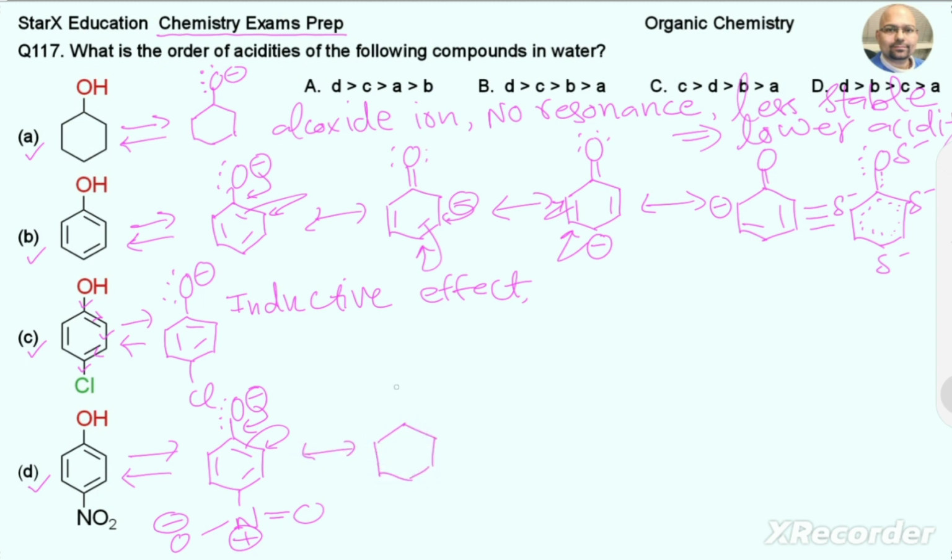You will notice that the first structure is similar to what we have seen in the case of phenol. However, once you move the negative charge and form another resonating structure, now the charge can be delocalized over the nitro group.